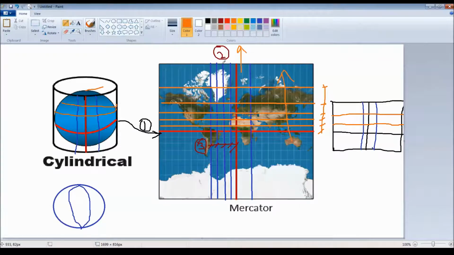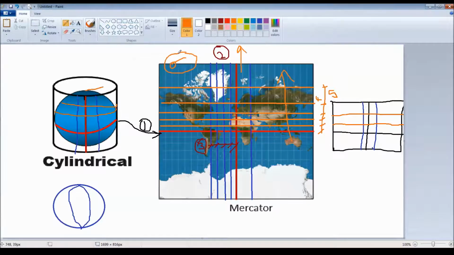So you can't see it actually. So two more properties here. Please write your notes. Parallel circles are projected as straight lines. That's number 4. Number 5, the distances between these lines is increasing as you go north or south from the equator. And of course, if you would like to say number 6, the North Pole is not projected, that's fine. So these are the 6 properties.